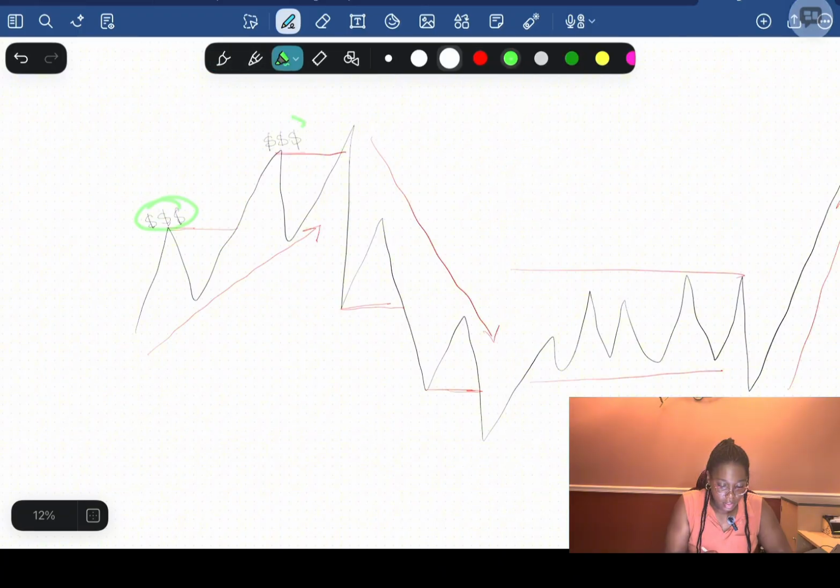And all these dollar amounts that I am placing right there are orders. So there might be stop loss orders or orders to get into the market that price has hit at one point or another.